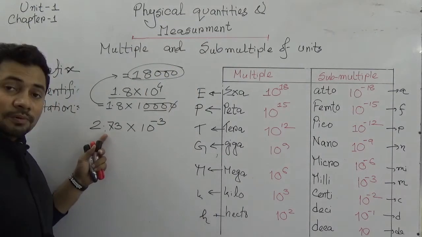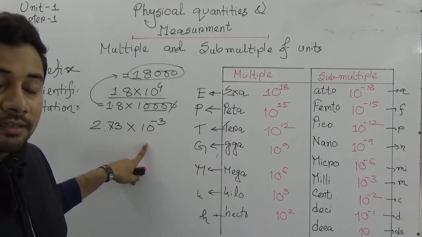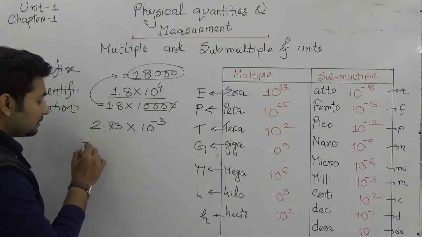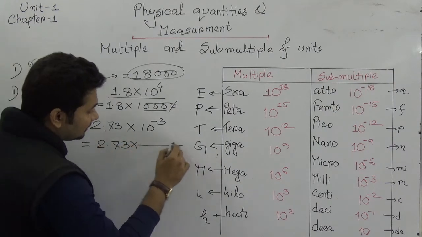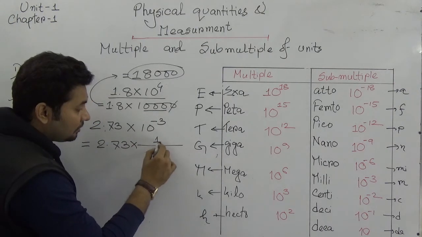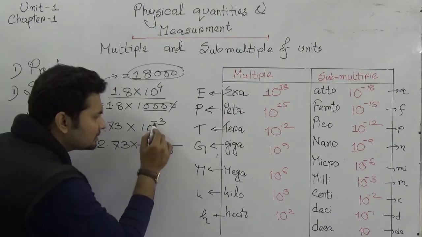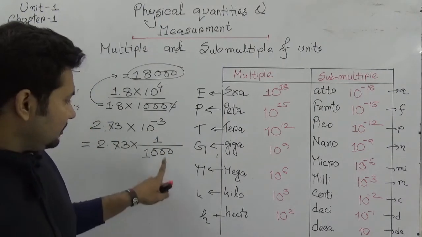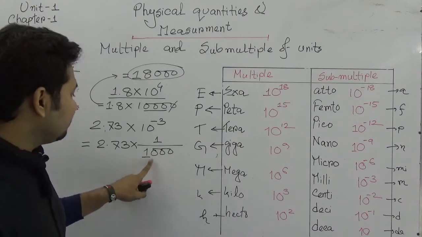And again, if you see this one, 2.73 into 10 to the power minus 3, how will we express it as a number? It means 2.73 into, this should be divided, 1 upon 1,000, because there is written minus 3. So it should be 3 zeros after 1. And then what will happen?